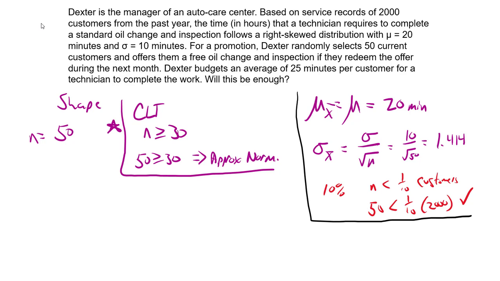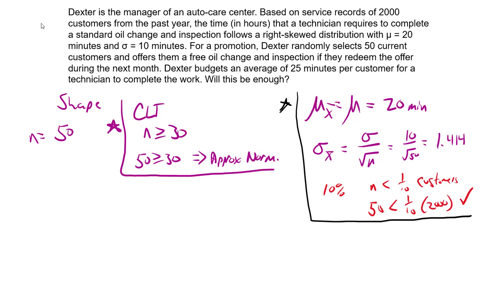I don't want to get you confused on that. The central limit theorem just tells you if it's approximately normal on the shape. That's the difference between those. So the 10% rule verifies you can use those equations for your calculations, and the central limit theorem verifies you have an approximately normal curve.